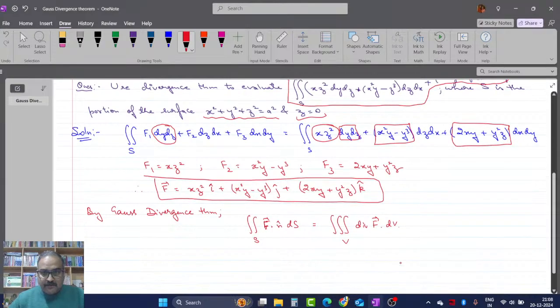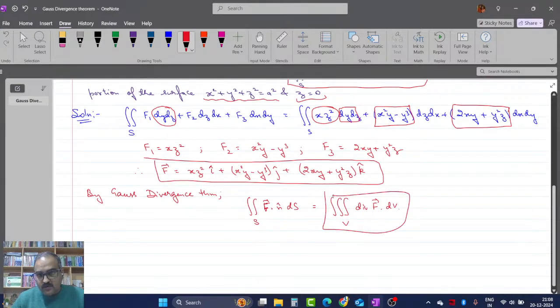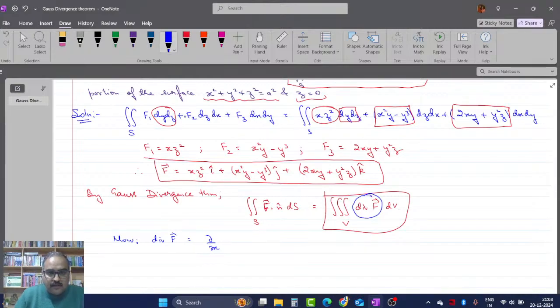So what is the first step? The first step will be to find this value. For this one we need first of all the divergence of F. Now divergence of F basically means del by del x i cap plus del by del y j cap plus del by del z k cap dot f1 i cap plus f2 j cap plus f3 k cap.